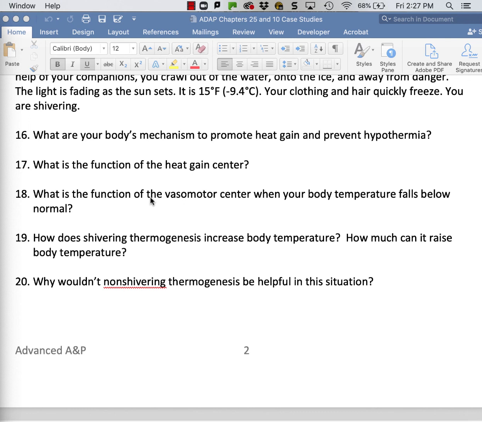Why wouldn't shivering thermogenesis be helpful in this situation? Well, non-shivering thermogenesis is a longer-term process.